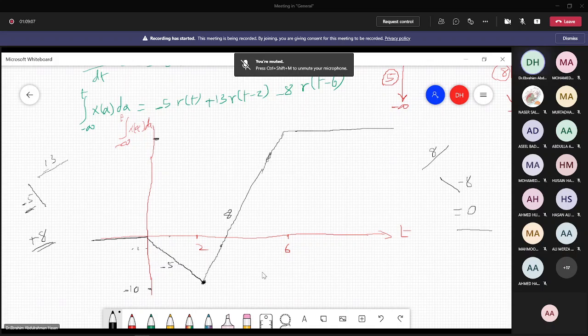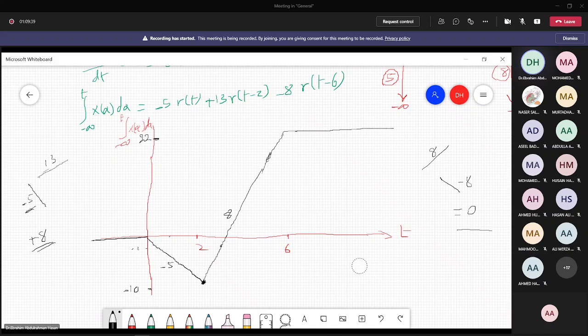Okay, slope equal to 8, and between 2 and 6 the difference is equal to 4. Then it is 32. But the starting point is minus 10. So 32 minus 10 is equal to 22. So then here, it is 22.